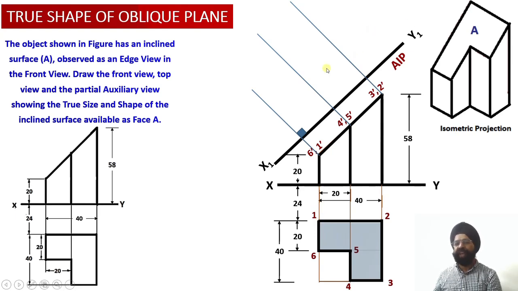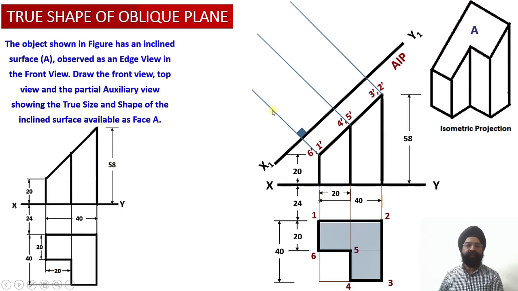Now these points we are going to mark onto the corresponding projector lines in the auxiliary plan view, which will be obtained on AIP. Now another thing, we know that point 1 and point 2 are lying in front of the vertical plane at a distance of 24 millimeter. So we are going to mark these 2 points onto the auxiliary plan view.